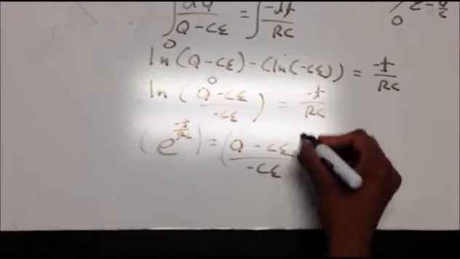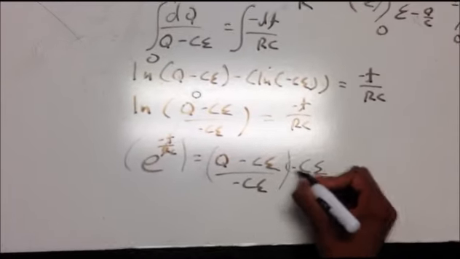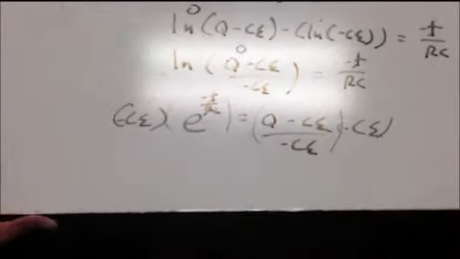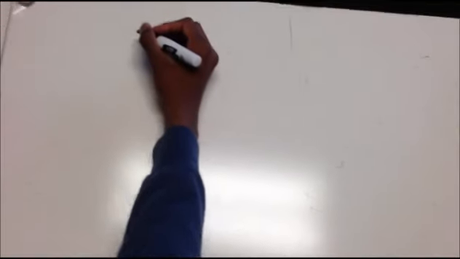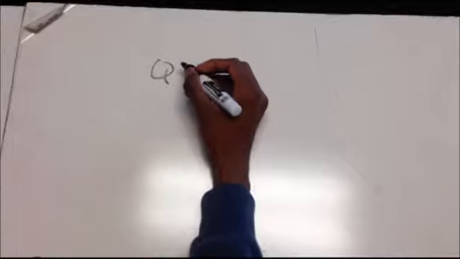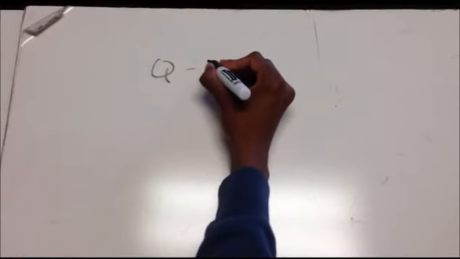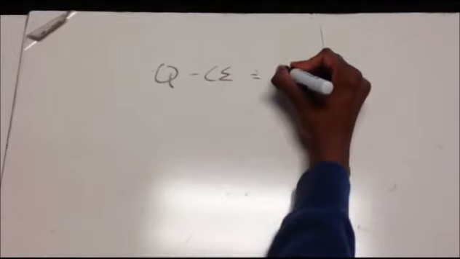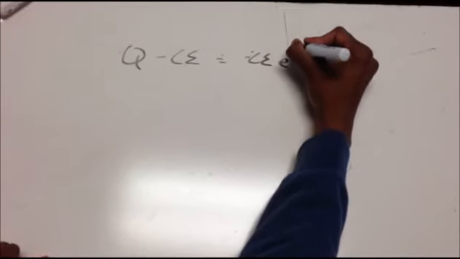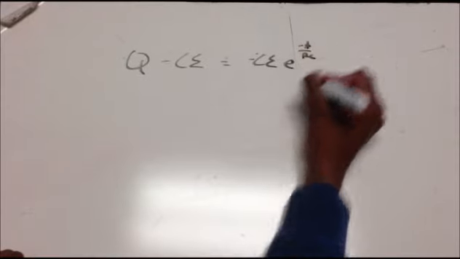So I multiplied both sides by negative CE, and we end up with Q minus CE equals negative CE e to the negative t over RC.